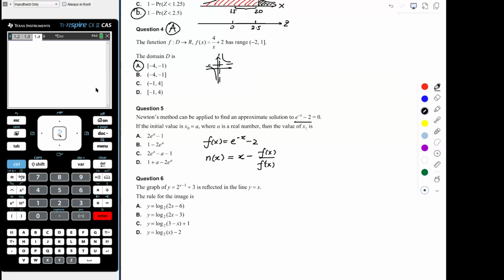So what we can do is define f of x as e to the power minus x minus 2. And then we say, all right, the initial estimate is x naught, which we call a. Therefore, I can say a minus f of a divided by the derivative. So the value of x1 will be 1 plus a minus 2 e to the power a. Option D, okay?